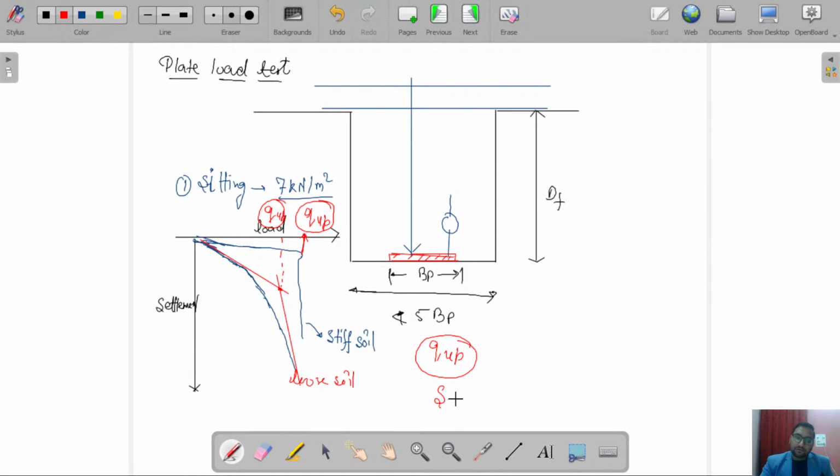We will also find the settlement of plate. So these two values we are going to get from this test. Now there are some correlations which can relate the ultimate bearing capacity of plate with the ultimate bearing capacity of foundation.